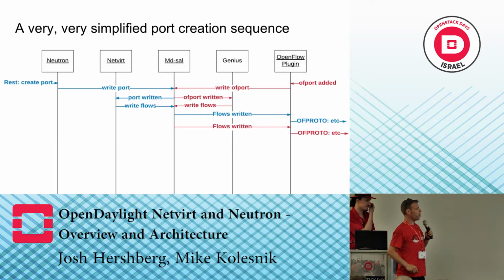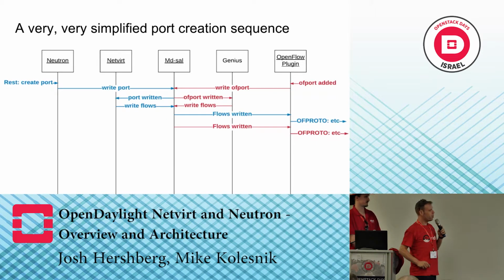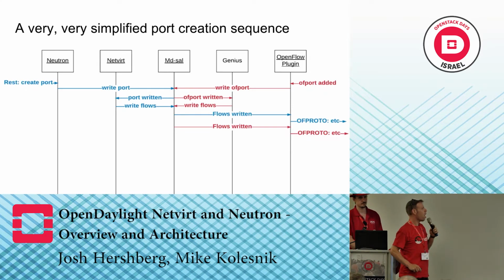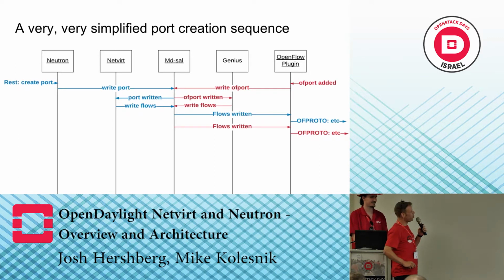This is a very, very simplified version of what it looks like from inside Netvirt when you create a Neutron port. The northbound is blue, and that's the port create, always noun and then verb, in Neutron, that comes into the OpenDaylight Neutron component.